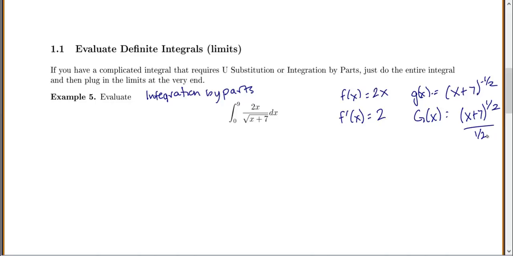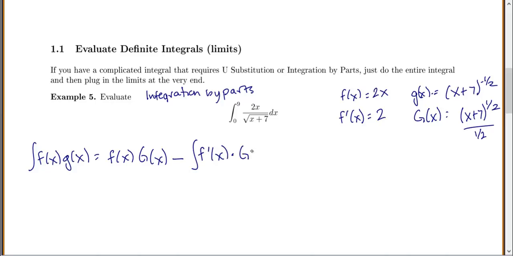So now that we have all that, let's plug it into our formula. Our formula says the integral of f of x, g of x, equals little f of x times capital G of x minus the integral of f prime of x times capital G of x dx.